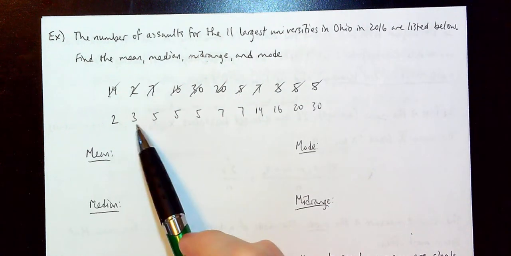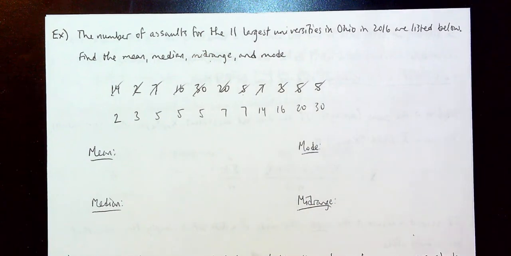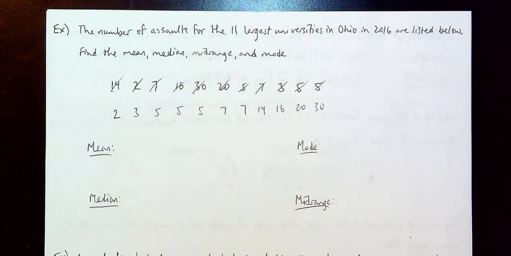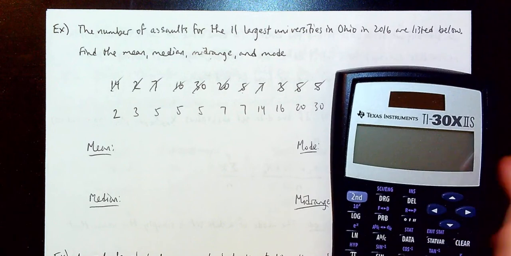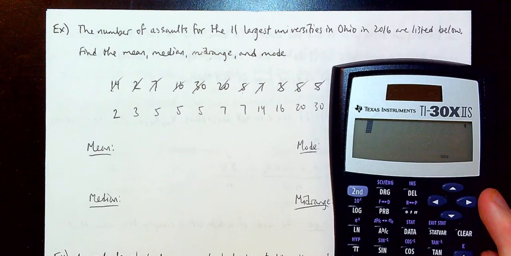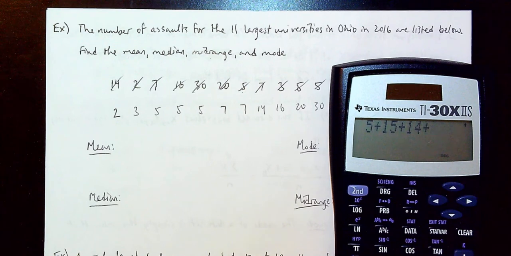We have 1, 2, 3, 4, 5, 6, 7, 8, 9, 10, 11 values, as it said in the question right there. So I'm going to add up all these numbers here. 2 plus 3 is 5. 5 plus 5 plus 5 is 15. Again, you can type in each number on your own. I'm just taking some smaller sums and making things nicer for myself to plug in.